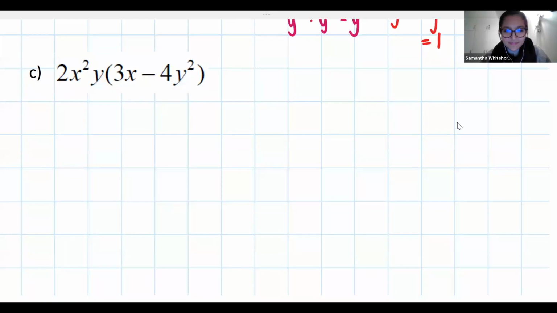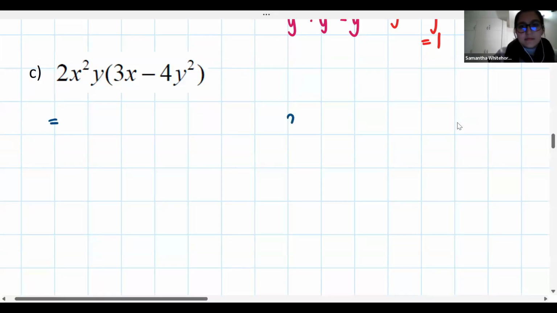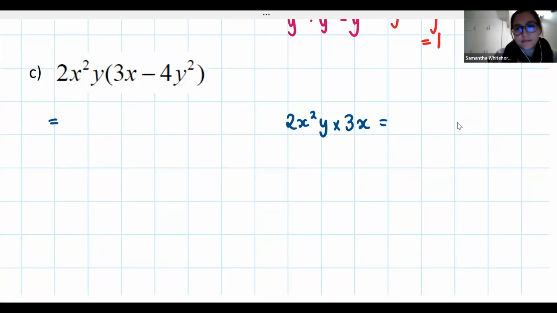I'm good, thanks. Ma'am, you start by saying 2x squared y times 3x equals 6x cubed y. Good.